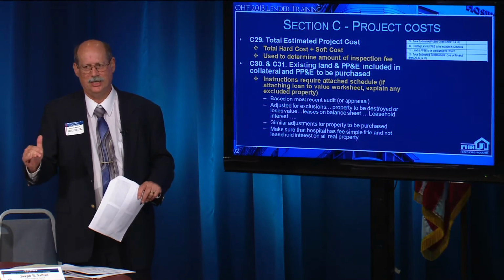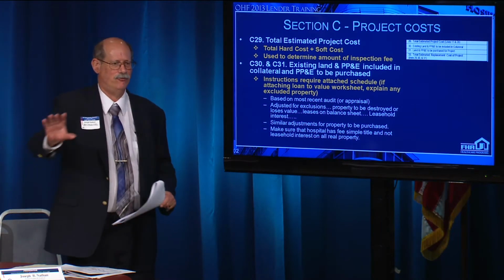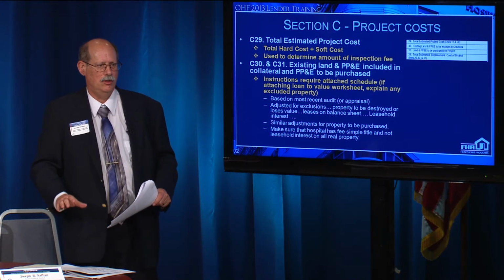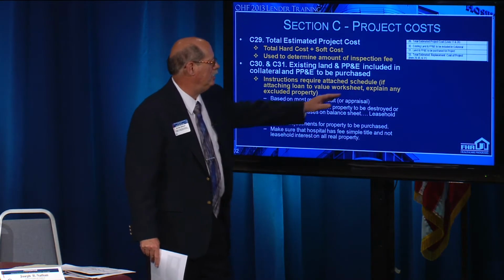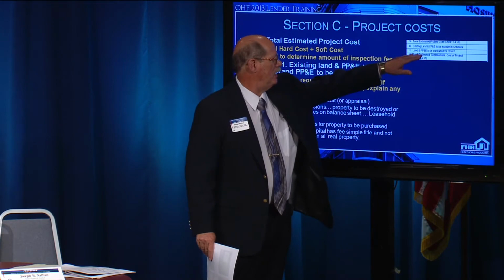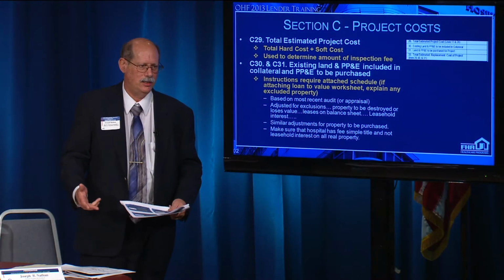It goes through step by step. We calculate it for our purposes, but that form's made available for you. That's the value, but you have to do that to fill in lines 30 and 31. When you put in the amount for line 30 and line 31, we ask you to give us how you got at it.